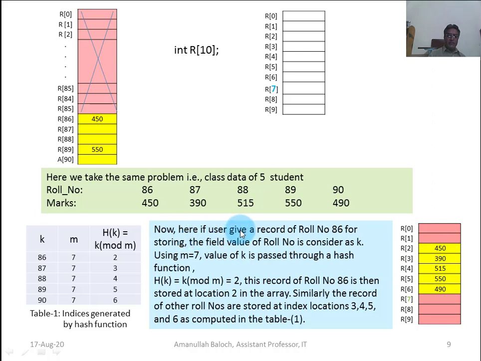Now here, if the user gives a record of roll number 86 for storing, the field value of roll number is considered as k. Using m equal to 7, the value of k is passed through a hash function. H(k) = k mod m, and it will give us 2.